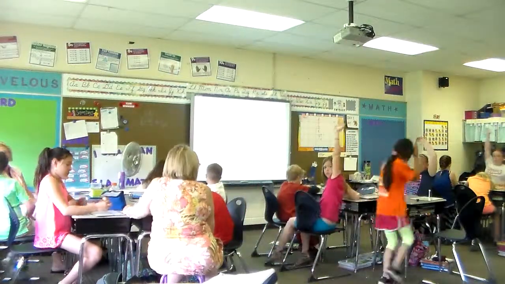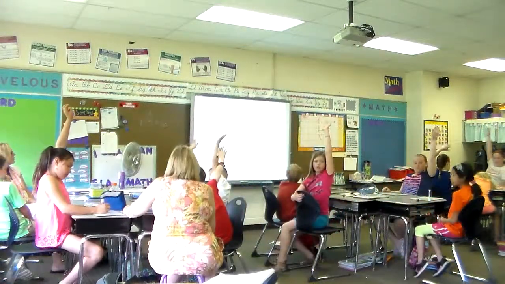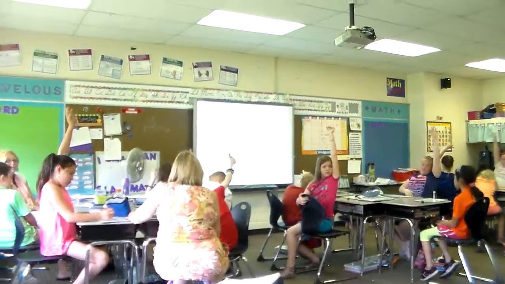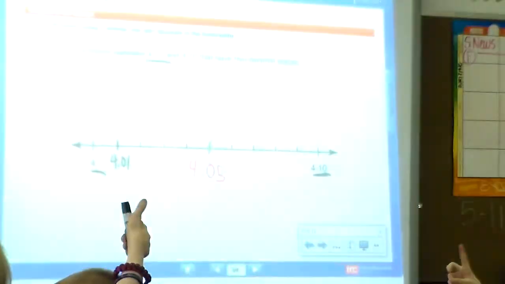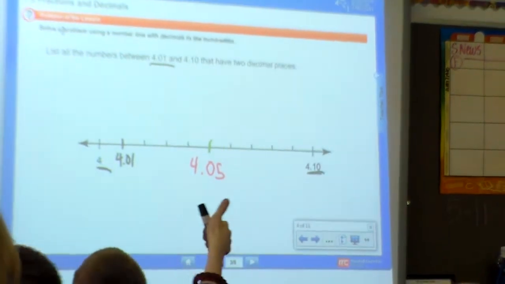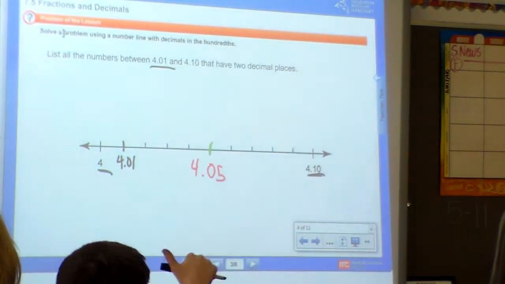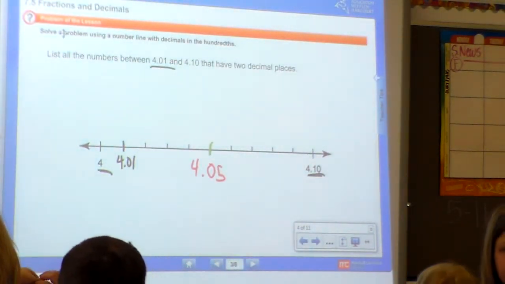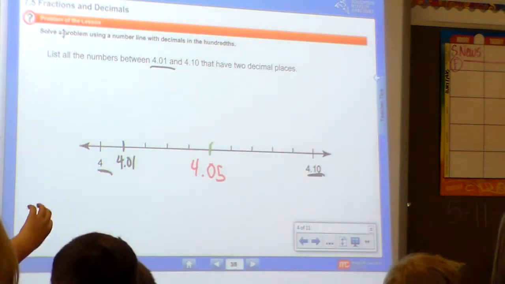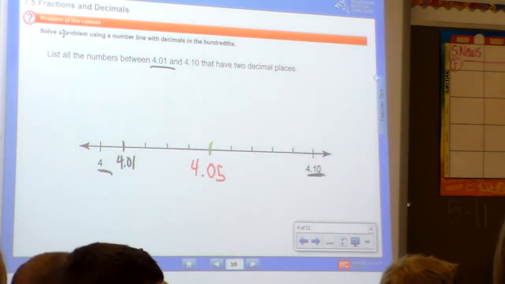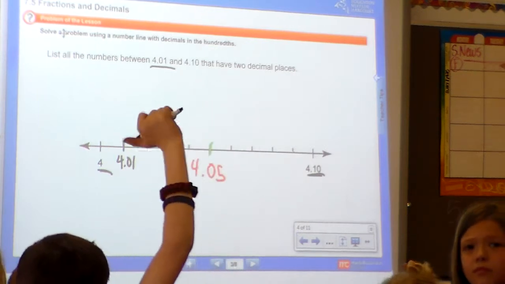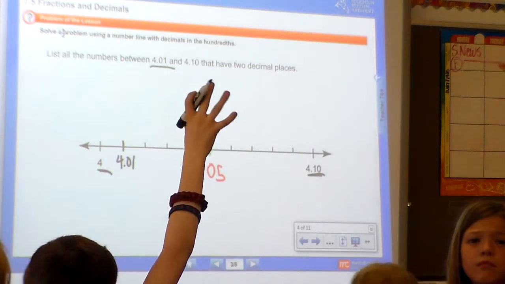Who thinks Catherine is correct? Did she follow the guidelines of list all the numbers between 4.01 and 4.10 that have 2 decimal places? So does her number have 2 decimal places? Yes, it does. I need someone else to go up there and label any other number that they want.